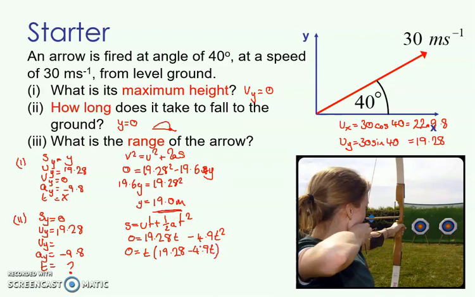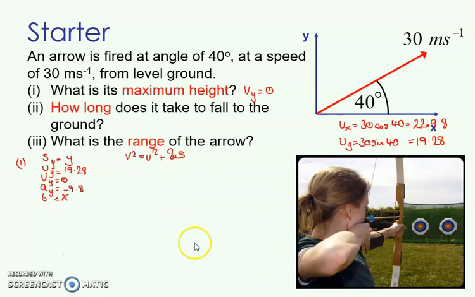And I reckon if I do 19.28 divided by 4.9, I get the time. I get 3.93ish. It might be a bit of rounding error there, but I reckon t is 3.93 seconds.